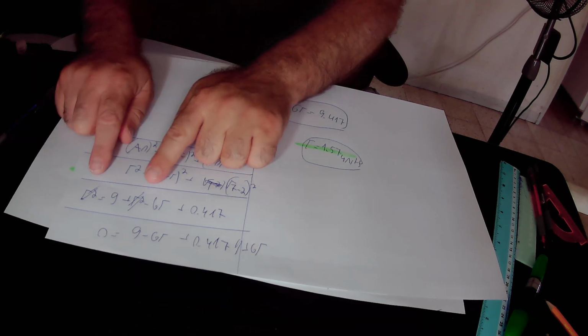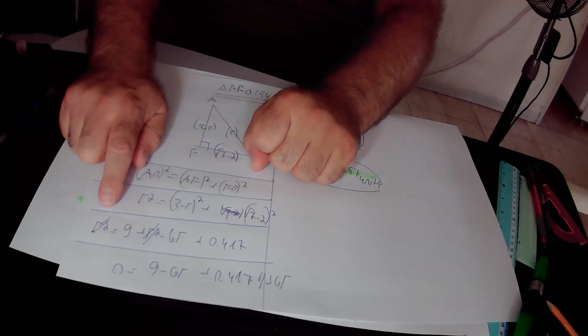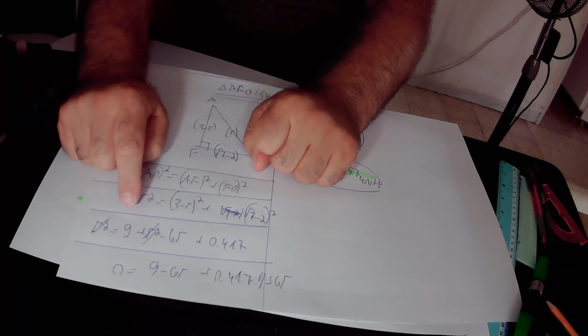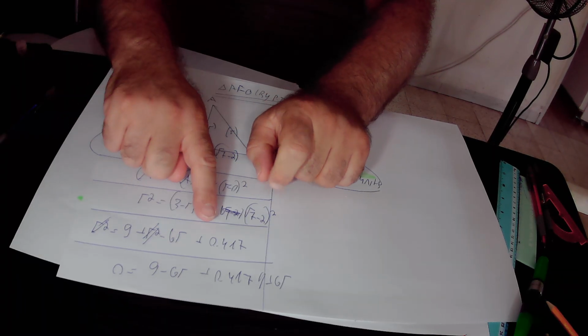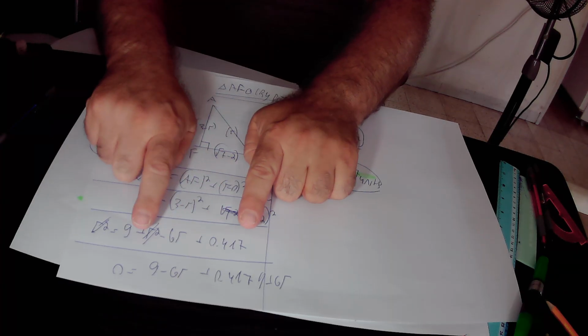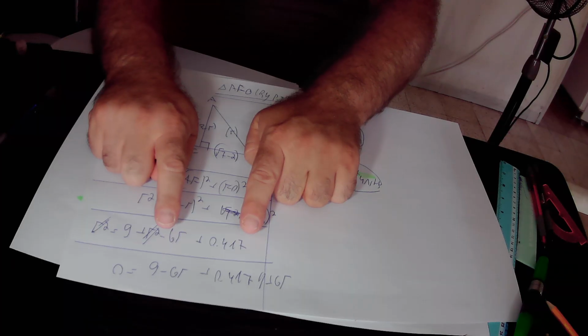Here we have R squared on both sides of this equation, so R squared will get cancelled. On this side of the equation, we are left with nothing, that is to say 0, while on the other side of this equation, we have 9 minus 6R plus 0.417. So in total, we found out that 0 equals 9 minus 6R plus 0.417.